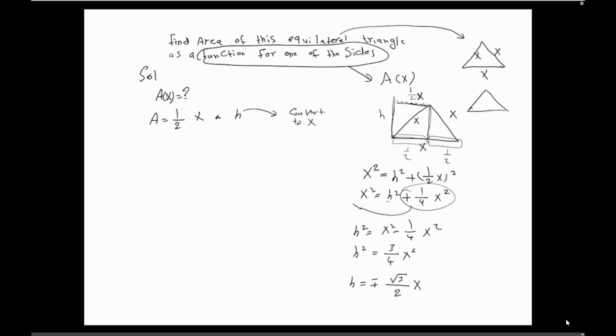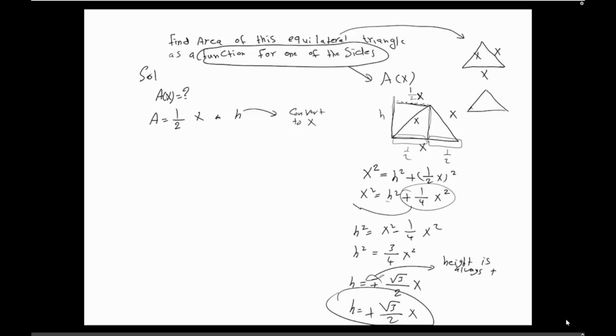And for our x squared, it's x. So over here, as you guys see, we have two values, one with the negative, one with the positive. And as you guys know, height can't be negative. The height is always positive. So we're gonna throw away this one. So h is equivalent to the positive one.